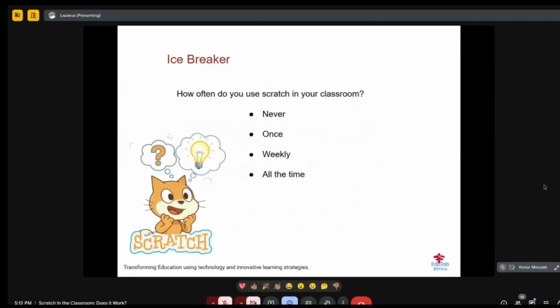Okay, so the icebreaker for today is fairly simple. I'd like us to rush quickly to the chat and answer this question. How often do you use Scratch in your classroom? Is it never, once, weekly, all the time? For the next 30 seconds, please feel free to go to the chat and answer the question on the screen.